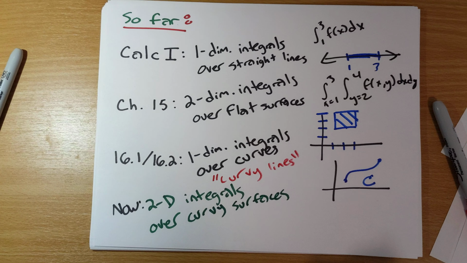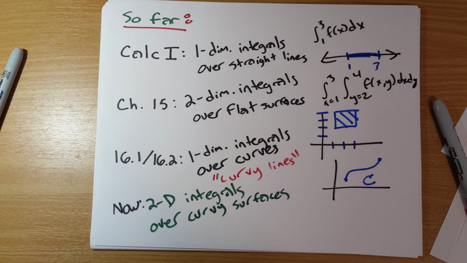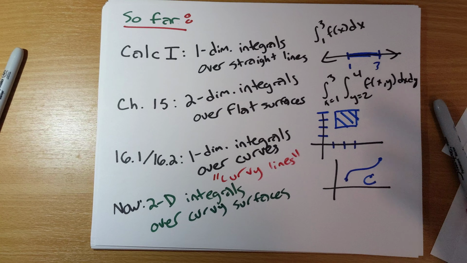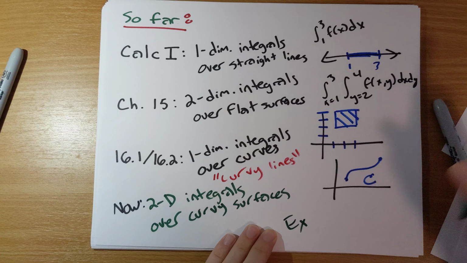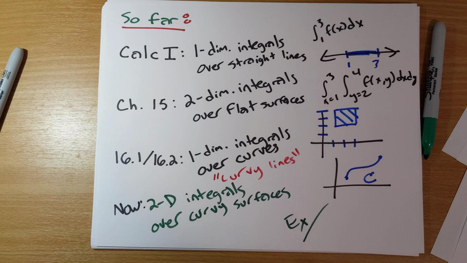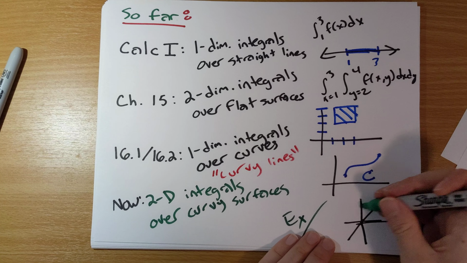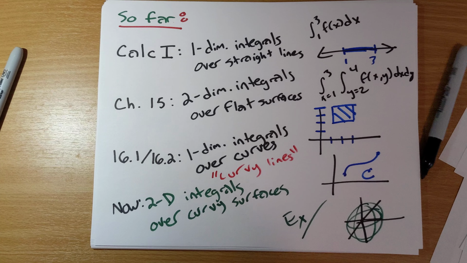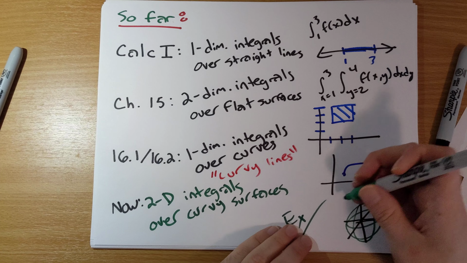The idea in this section and the next section is that maybe you'd want to integrate over a sphere, the surface of a sphere. So maybe this is what's going on. And let me be particular.